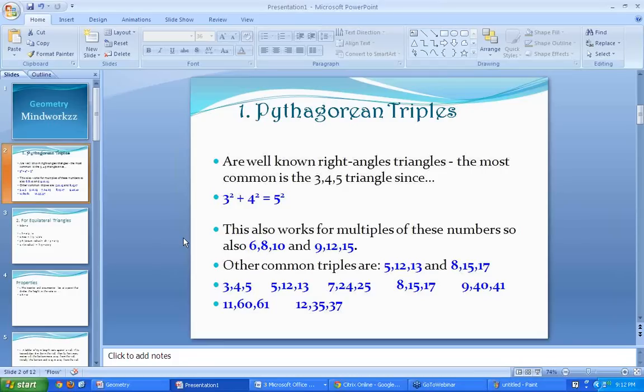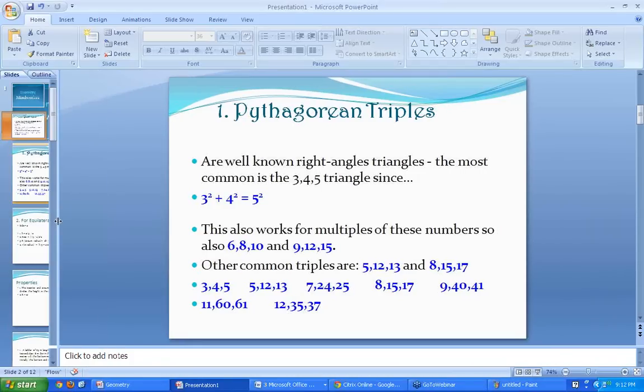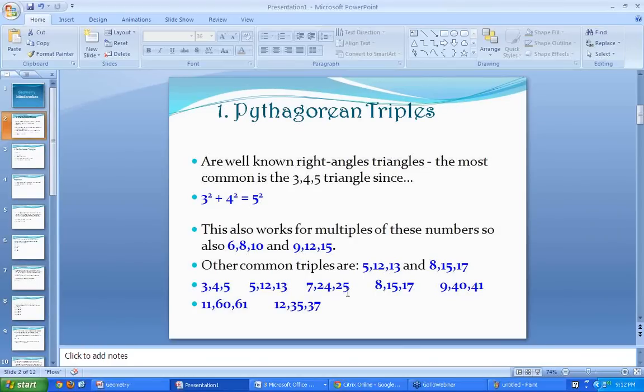Pythagorean triplets we have discussed in the past. Now you can see there are these Pythagorean triplets which I have mentioned here. You should note it down, because if you remember them, I will show you questions in the next class most probably, where if you know the Pythagorean triplets, you can solve the question very quickly and very easily.